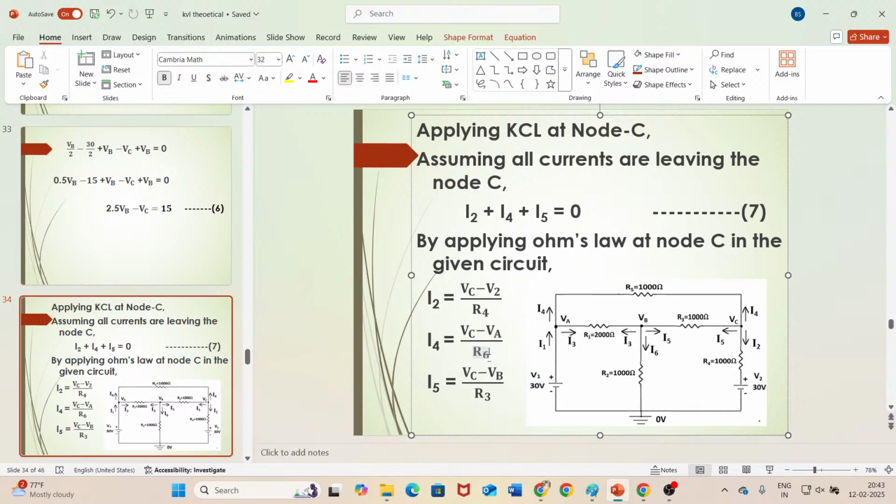This is R5. By mistake I have written R6, I will change it to R5 once again.